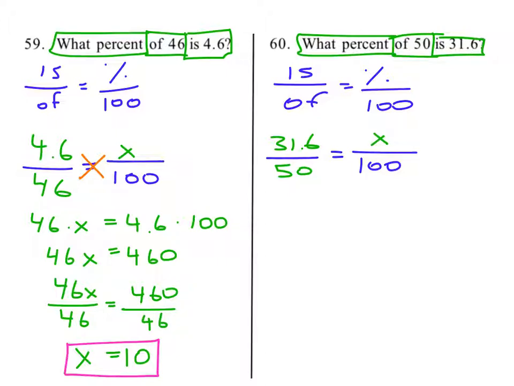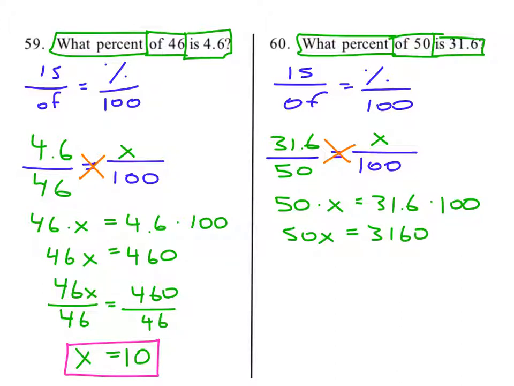So when we multiply the diagonals, we say 50 times x equals 31.6 times 100. Simplifying that to 50x equals 3,160.